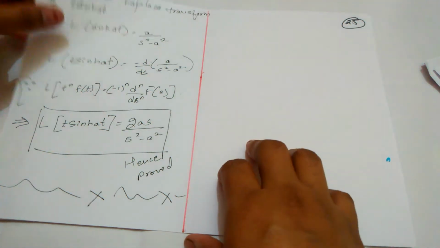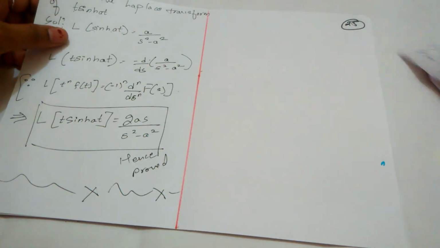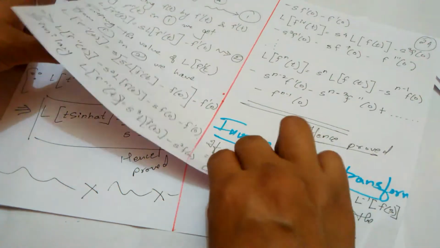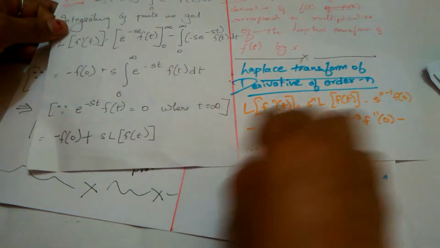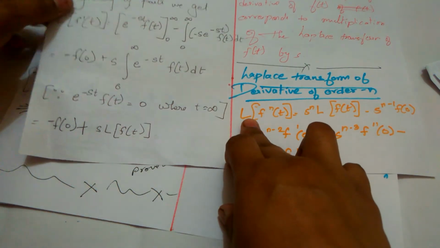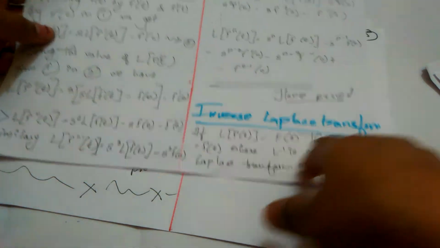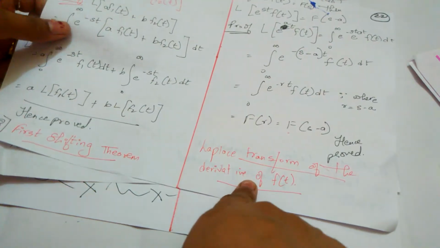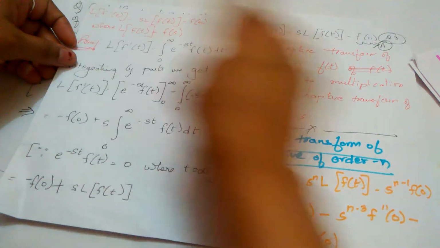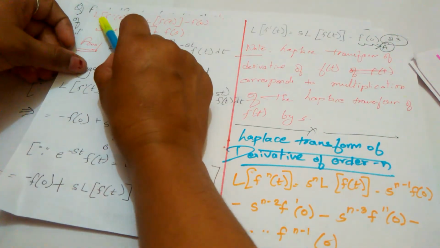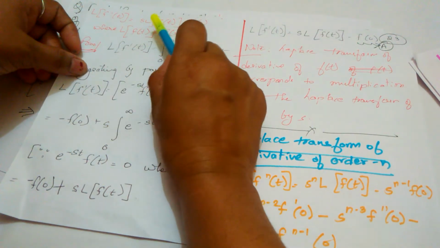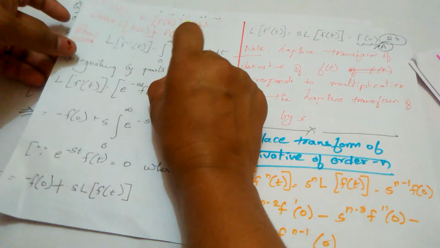So you can see today we started with the nth derivative for the Laplace transform. Previously it was the Laplace transform of the derivative of f of t, for which we got the solution L of f dash of t is equal to s L of f of t minus f of 0.